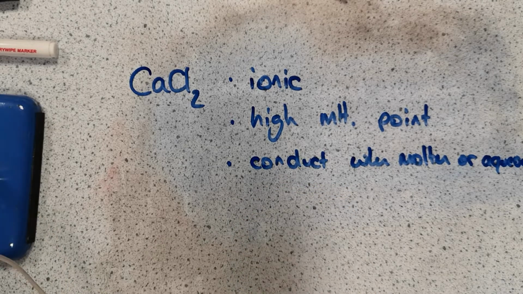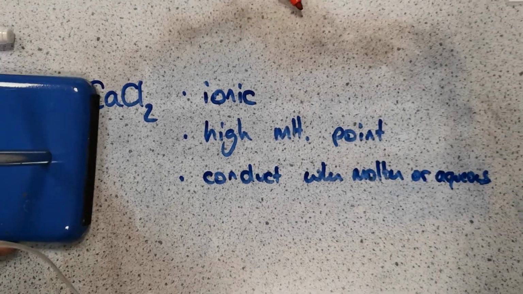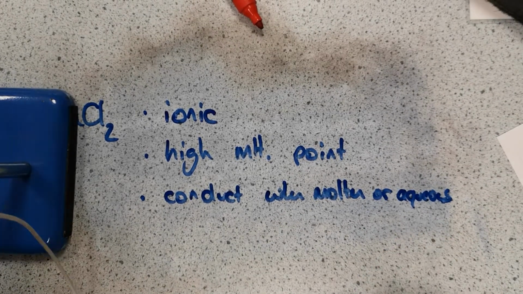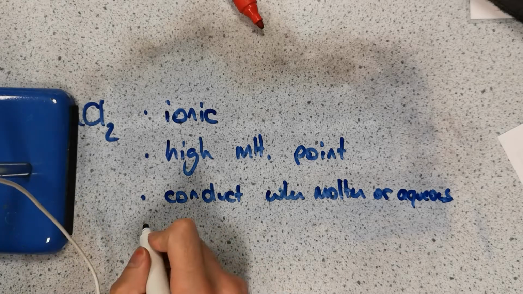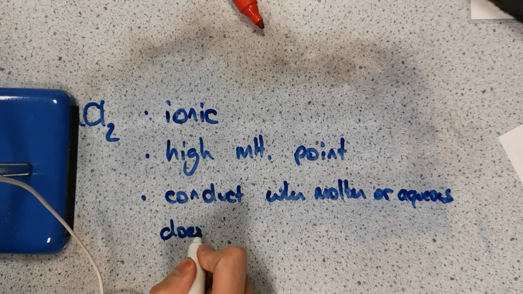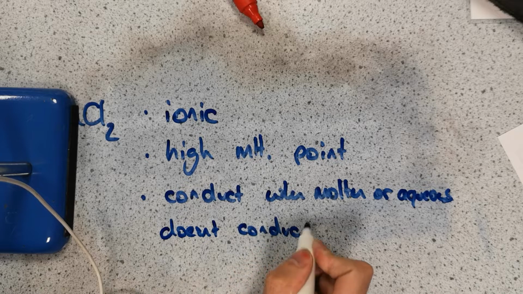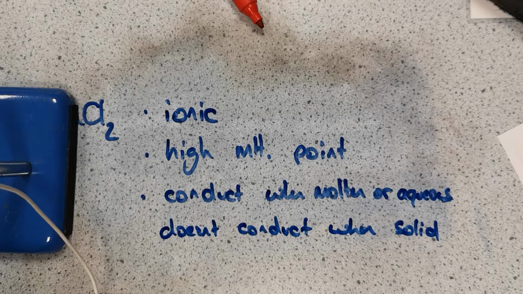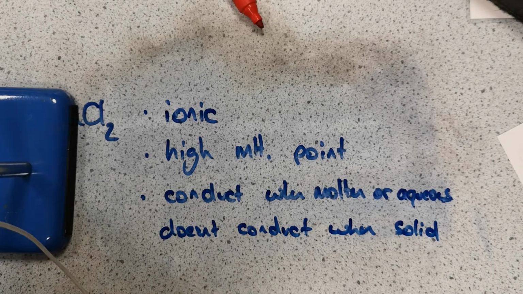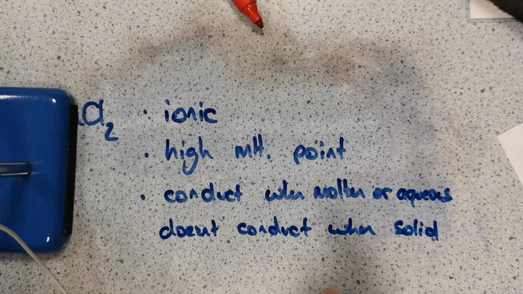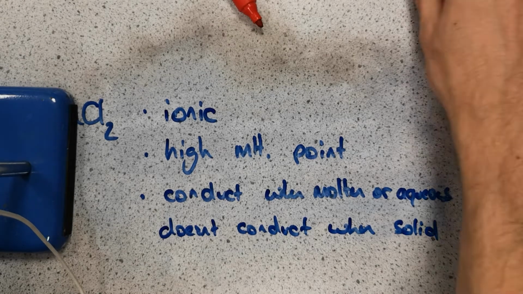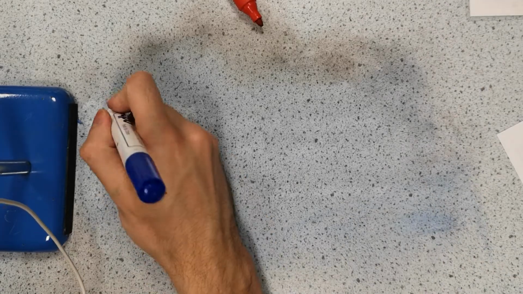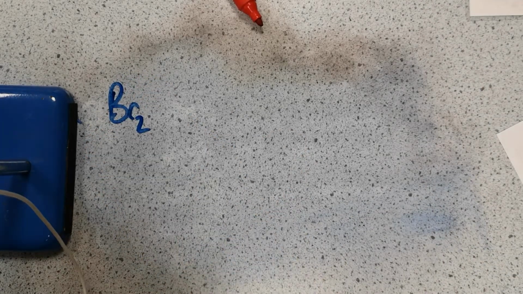And although it doesn't have delocalized electrons, it does have ions that can move when it's molten or aqueous. The bonds are broken, so the ions can then move. It can conduct. Doesn't conduct though when solid. So earlier on the previous question, we could identify the ionic compound because it doesn't conduct when solid, does conduct when molten or aqueous.